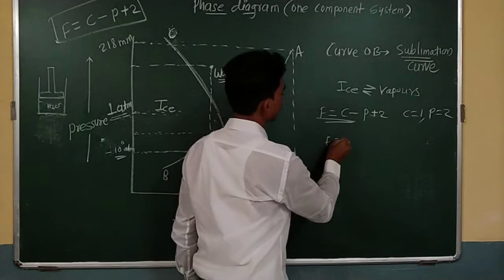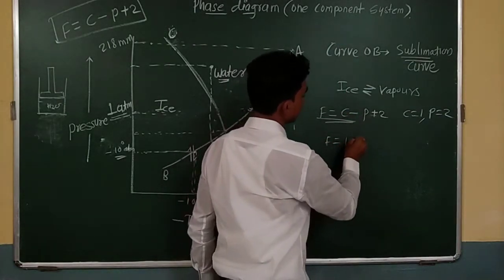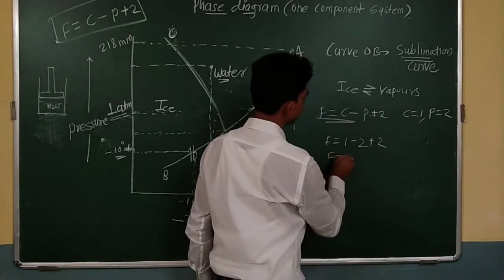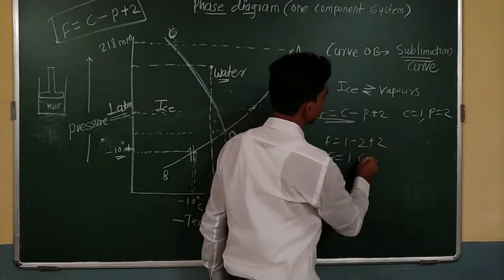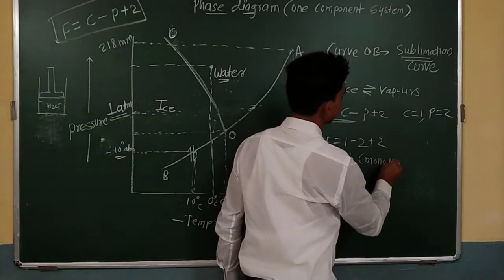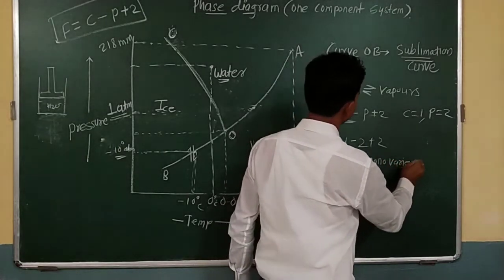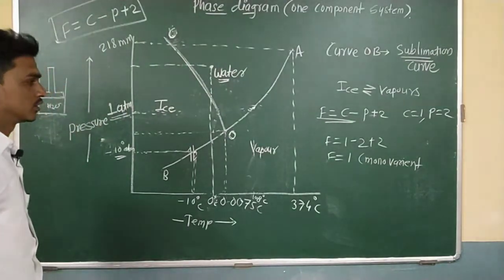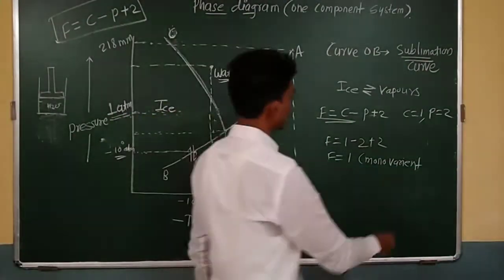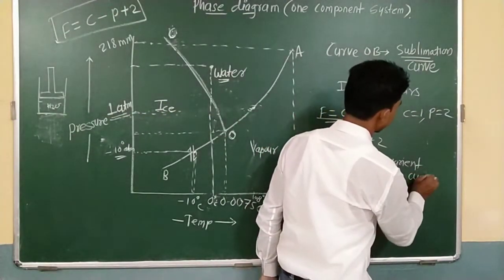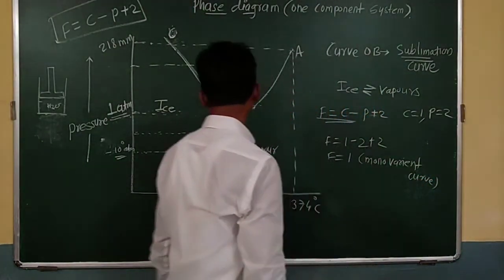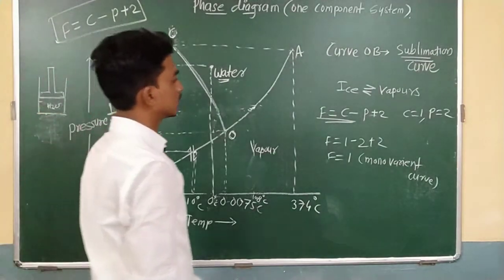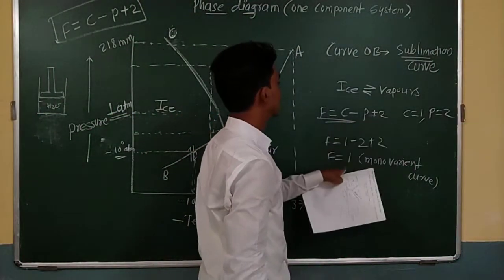So when I calculate the degree of freedom, F = 1 minus 2 plus 2, I get 1, and this is also a monovariant system, a monovariant curve.